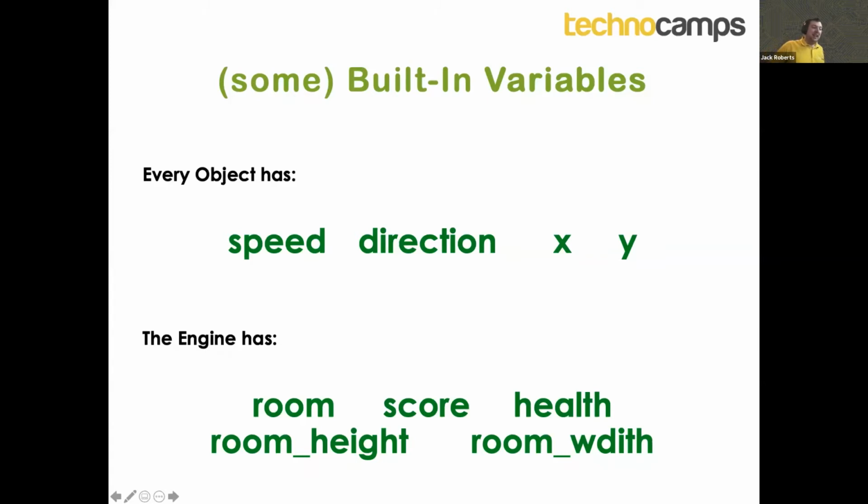The engine has more general built-in variables. Like there's the room variable. The room variable stores what number room you're on. We're going to get onto that later. Now, some more general ones like score, health, room height, room width, or as I've written it there, room width, which is not a word.